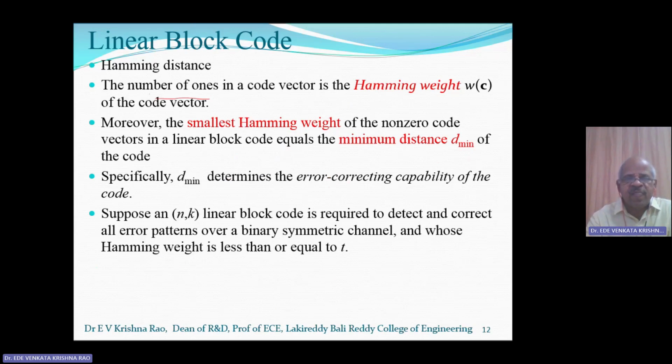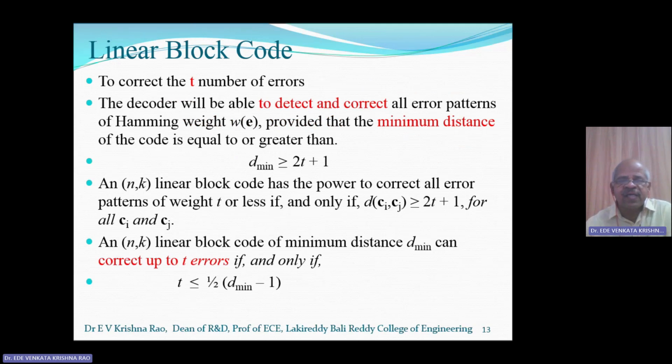Based on that d minimum, the error correcting capability depends. There are t number of errors that can be corrected where d minimum must be greater than or equal to 2t plus 1. So how many bits can be corrected? t must be less than or equal to half of d minimum minus 1.